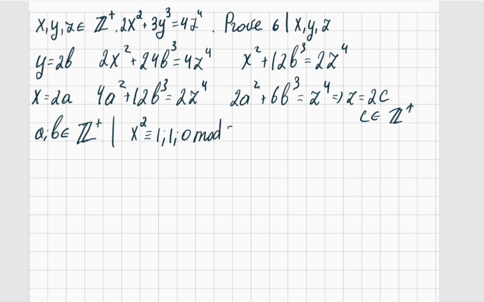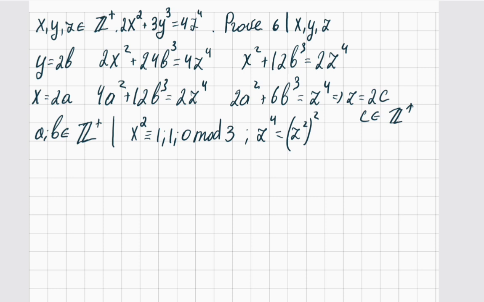So in any case x squared is 1 or 0 mod 3, and also z to the power 4 is actually z squared, squared. So in both cases, for x squared and z to the power 4, the remainder when we divide these numbers by 3 can be either 0 or 1.